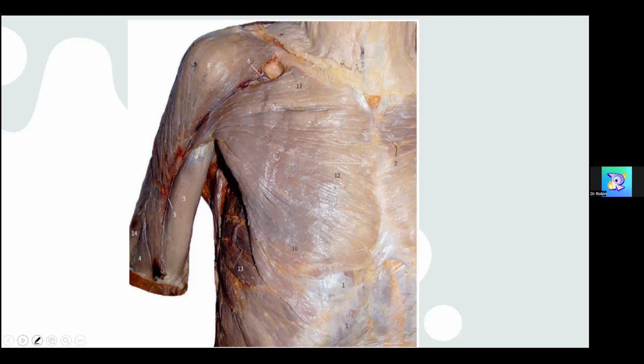Yes, clavicle. And just lateral to the clavicle, what is this? That would be the acromion. Exactly. And just behind the acromion, what is this? The spine of the scapula. Exactly. So the three origins of the deltoid are the clavicle, the acromion, and the spine of the scapula.